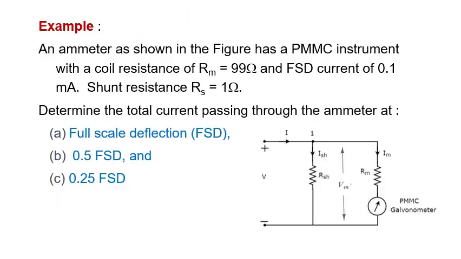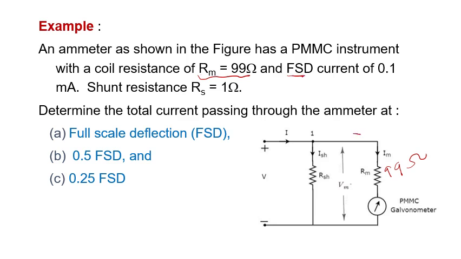Example on the ammeter. An ammeter, as shown in the figure, has a PMMC instrument with a coil Rm equal to 99 ohm. This is 99 ohm. Full scale deflection of 0.1 milliampere. FSD means full scale deflection, equal to 0.1 milliampere.